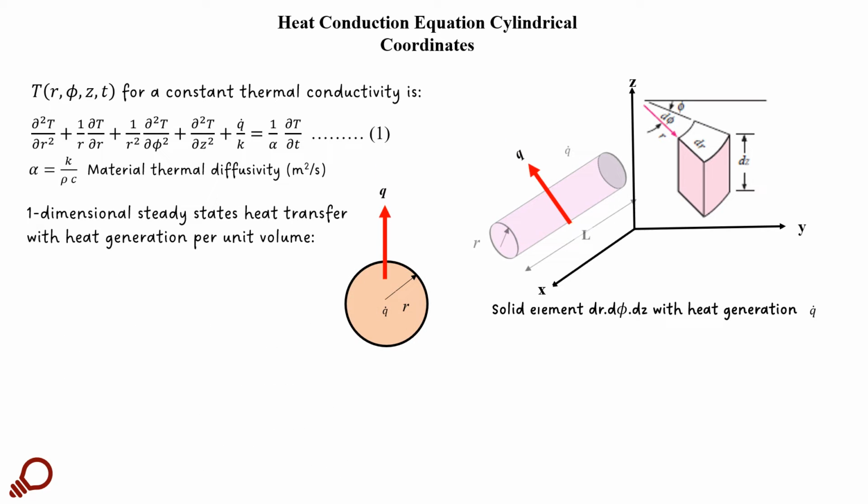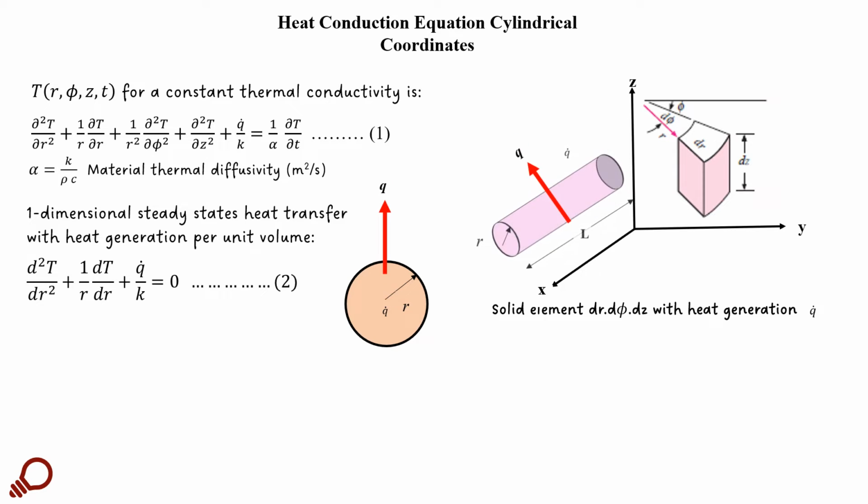So for the one-dimensional form in steady state, that means we take it in the radial direction r: d squared T by dr squared plus 1 over r dT by dr plus q dot divided by k equals 0. The right-hand side is equated to 0 because there is no change in the temperature of the cylinder with time.